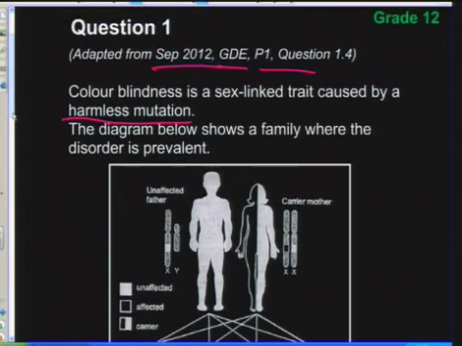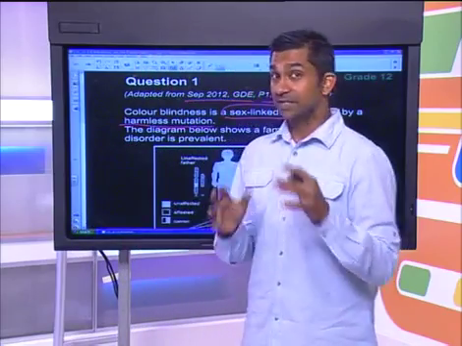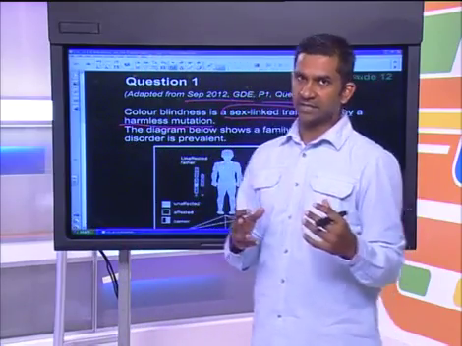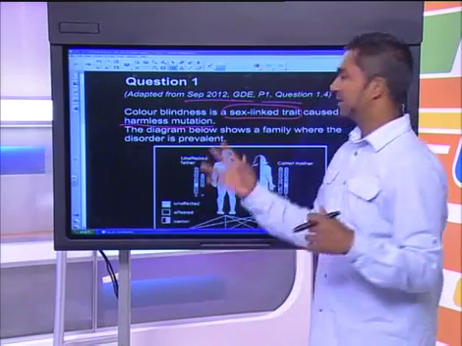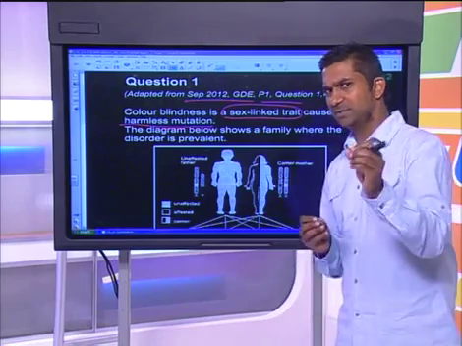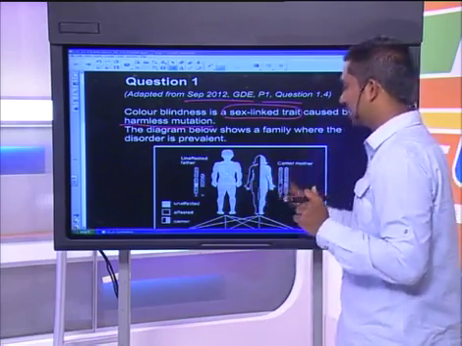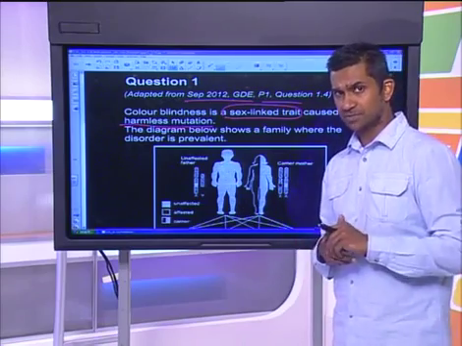And remember that we read here, it's a sex-linked trait. Before we get into understanding what a sex-linked trait is, we've got to remember that there are different types of patterns of inheritance. We have conditions that are sex-linked, and we have conditions that are autosomal linked, which simply means that if we talk about a sex-linked condition, it is found on the X and Y chromosomes, or your gonosomes.